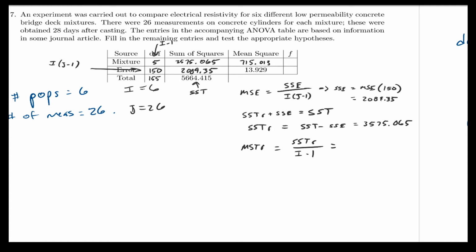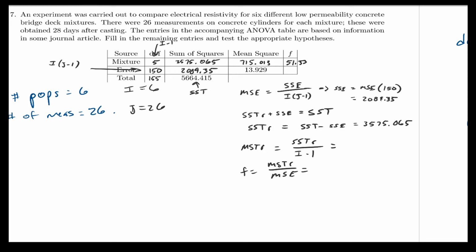And now F is MSTR over MSE, which is 715 divided by 13.929. I get a freaking huge F statistic, 51.33. So crazy big.